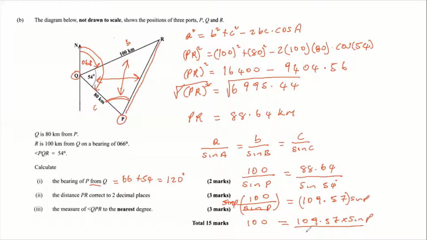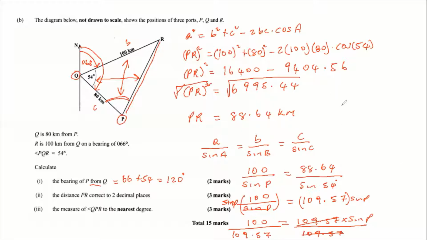So we divide this side by 109.57 and also divide this side by 109.57. By doing that, this 109.57 will cancel out.